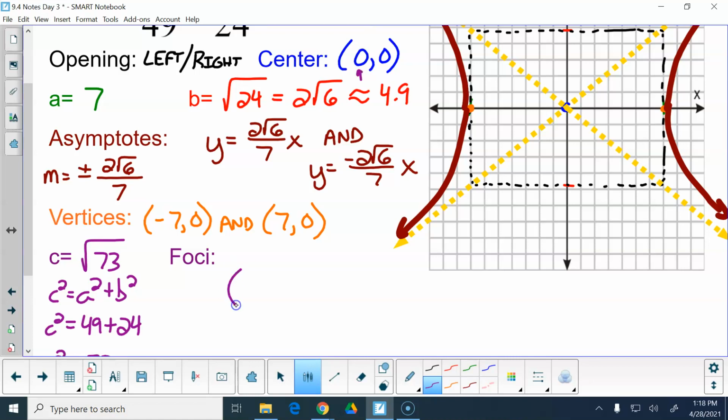So the two foci are located at 0 plus or minus the square root of 73, comma 0. And again, if you just wrote it as plus or minus the square root of 73, comma 0, that would be fine with me. Square root of 73 is a little bit more than 8. So we have foci right in there.